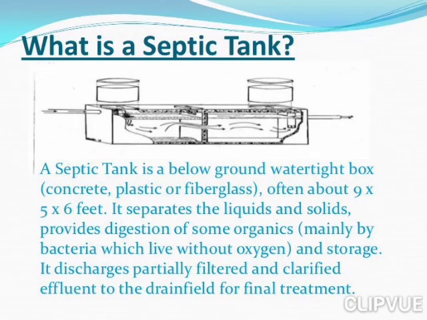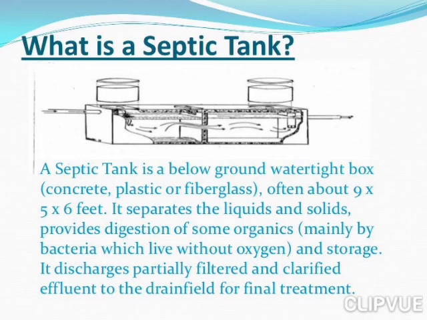So today we are going to study a topic named septic tank. Now, what's actually a septic tank? A septic tank is a below ground watertight box made of concrete, plastic or fiberglass, often about 9 by 5 by 6 feet.